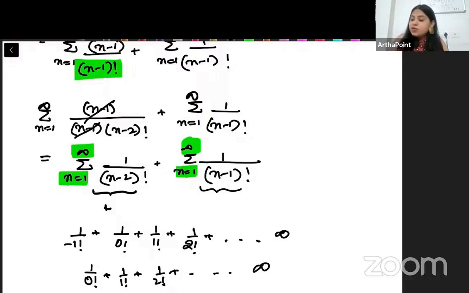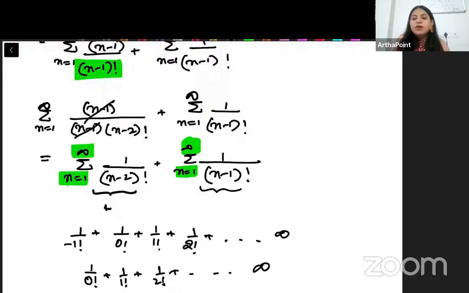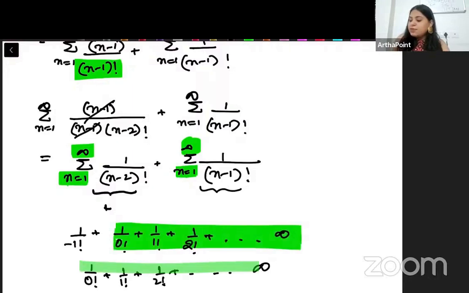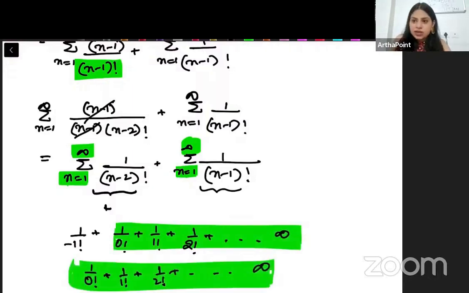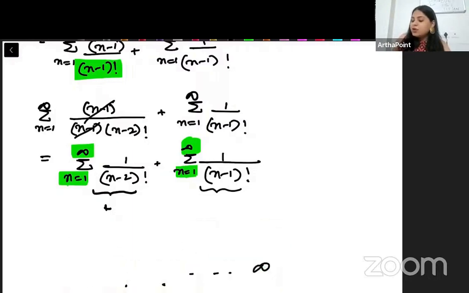So if I were to replace these two things, 1 upon minus 1 will not make any sense. So wait a minute. If I were to replace these things, I can only start the series from 1 by 0 factorial, and this also from 1 by 0 factorial. But if I want to do this, then I can simply put n as 0.